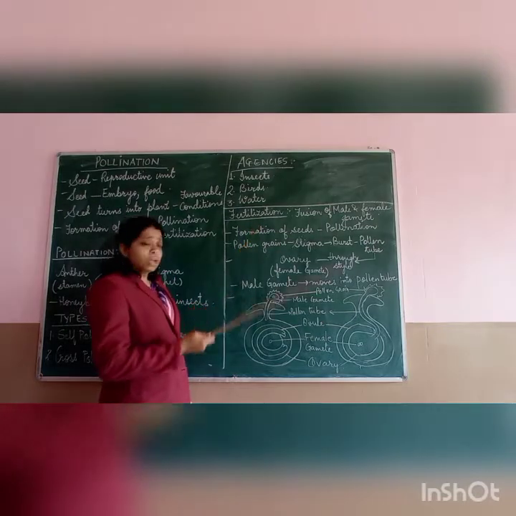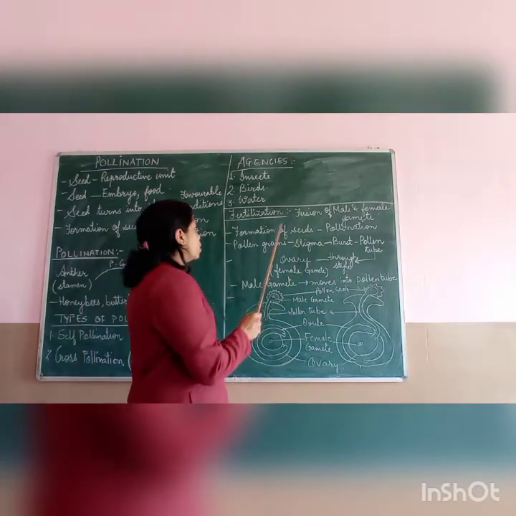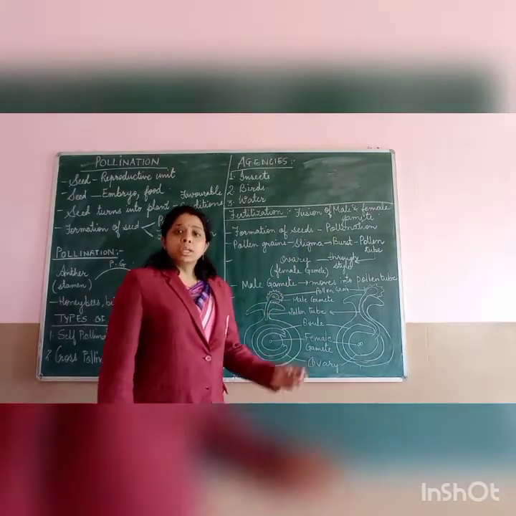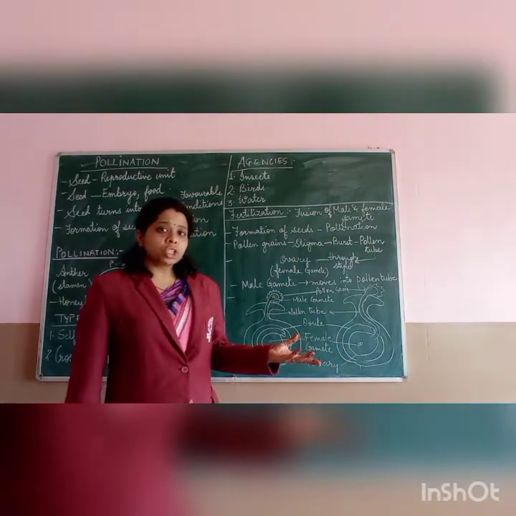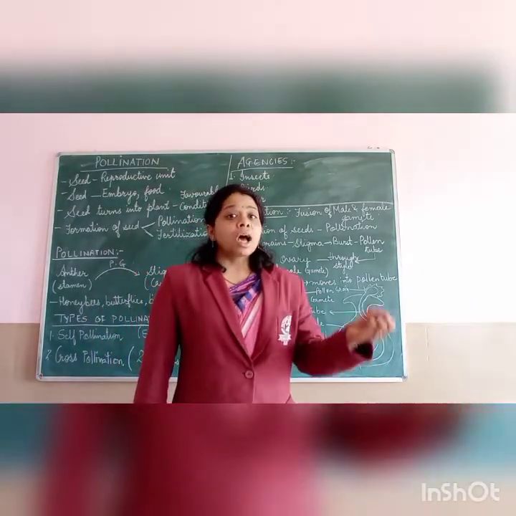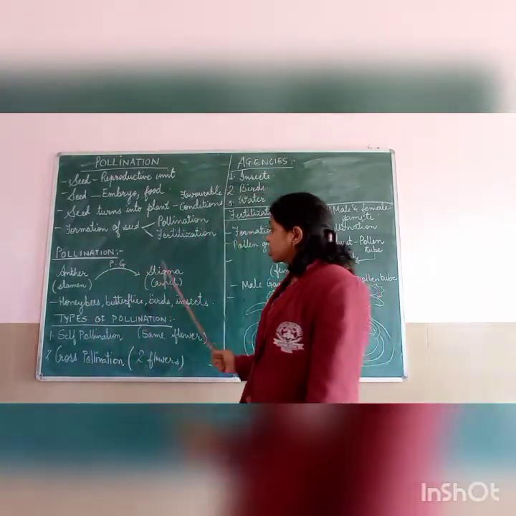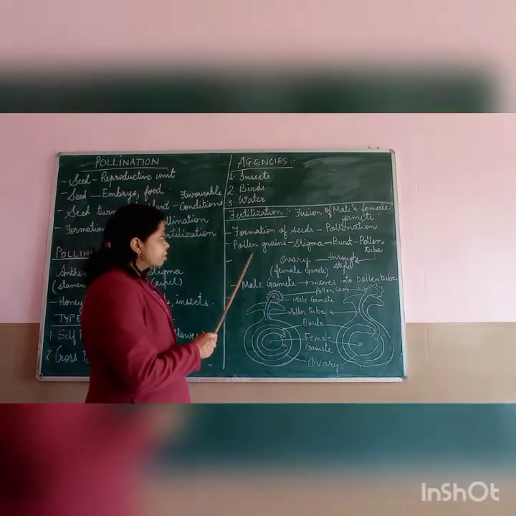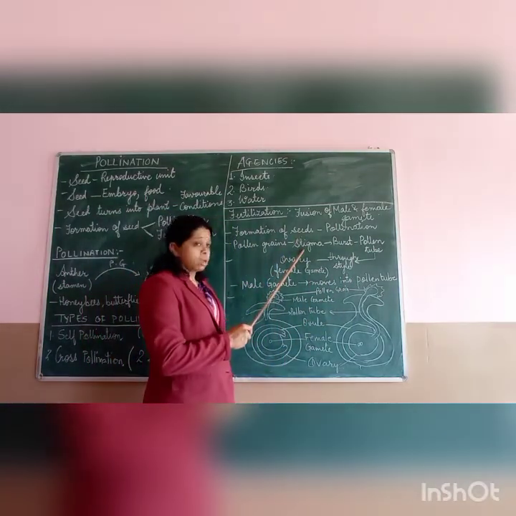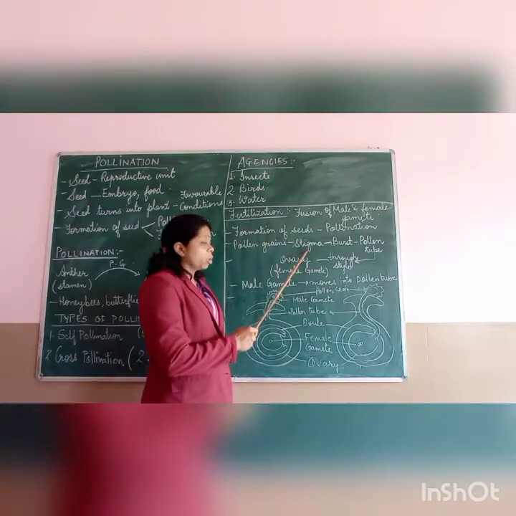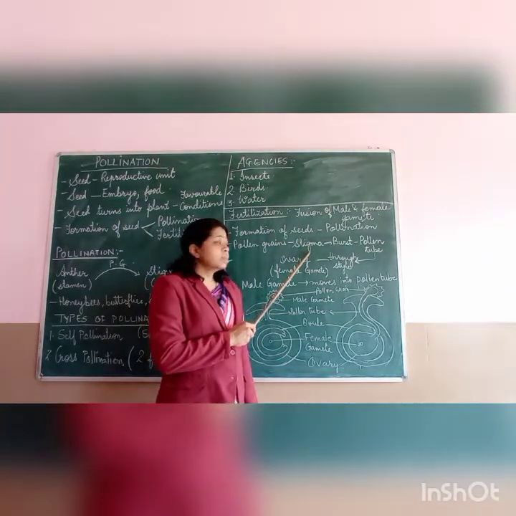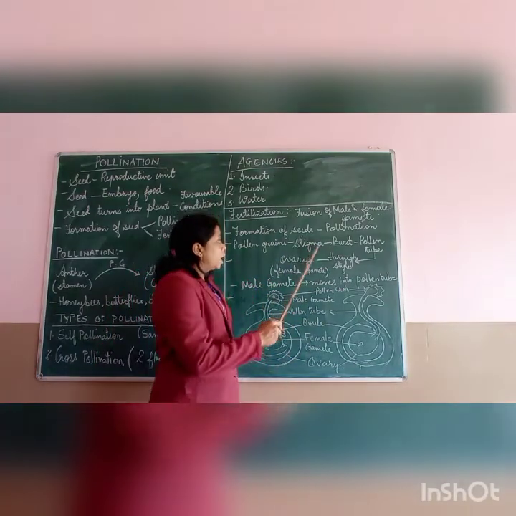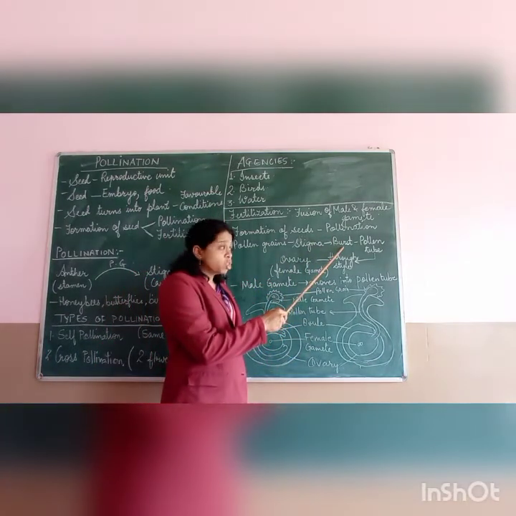You know that the first step of seed formation is pollination. So now the pollen grains are sticking to the stigma of the flower. When they fall on the stigma, what happens? The stigma opens up.